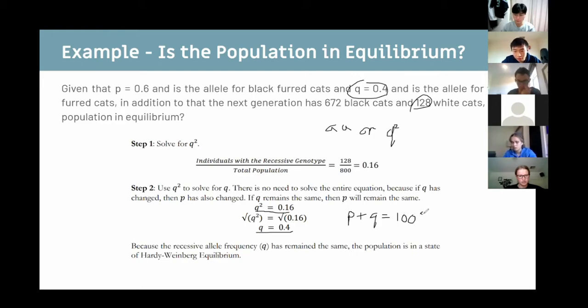There's only Ps and Qs. So the frequency of Ps and the frequency of Qs has to add up to 1. And you can see that this does add up to 1, 0.4 plus 0.6 equals 1, or 100%, right? So because the recessive allele frequency and also the P frequency have remained the same, the population is in equilibrium.